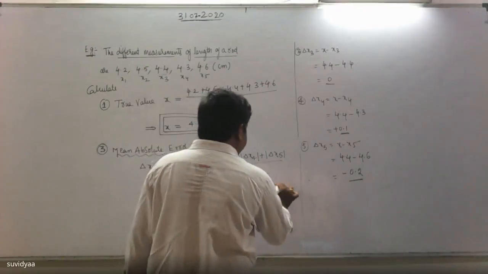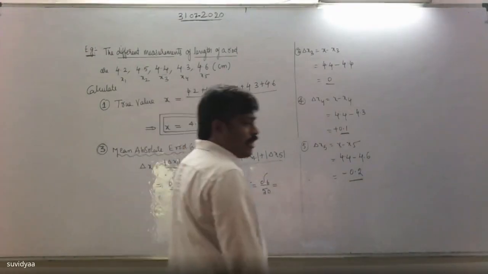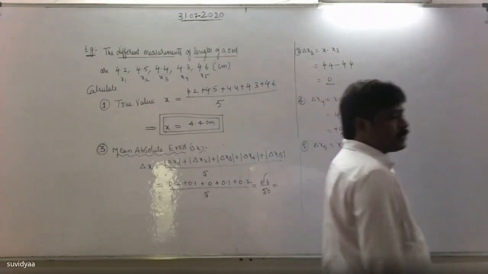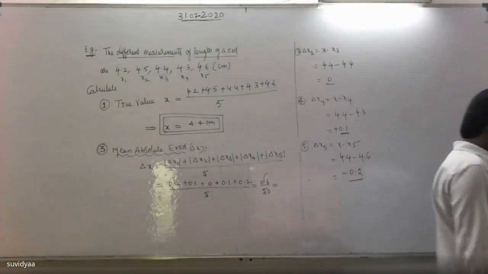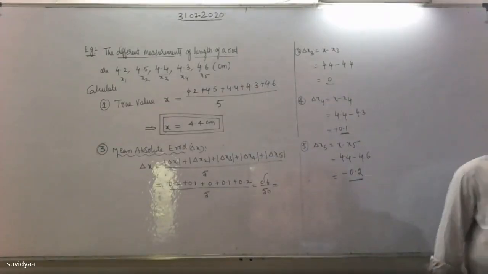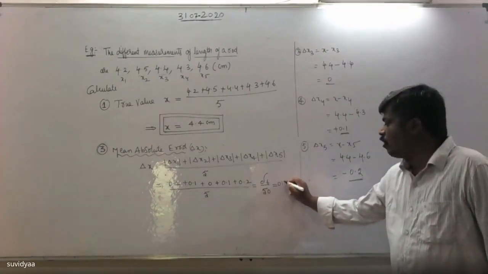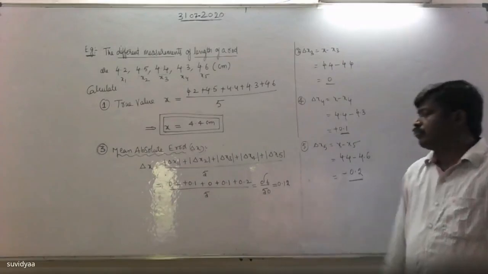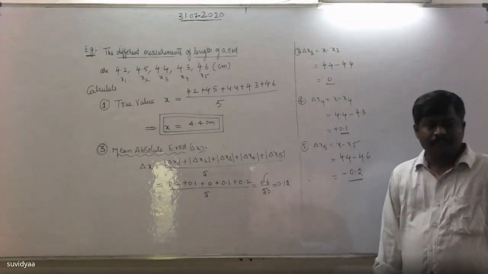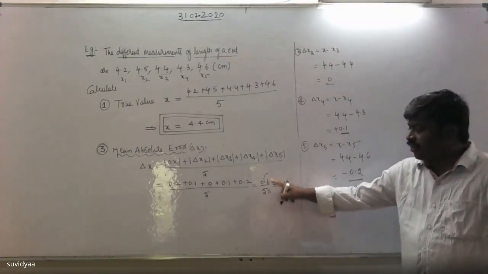So 6 by 50 goes by the 2 table: 2 threes are 6 and 2 fives are 10. So you are going to get 0.12.